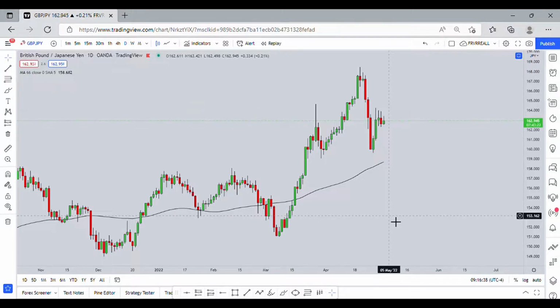For example, if the Great Britain pound is being supplied but there is no demand, the price is just going to drop. But if it's being demanded and not being supplied as much as it's being demanded, then its price is going to increase. It's simple economics, simple supply and demand, and that's pretty much what mainly moves the market.